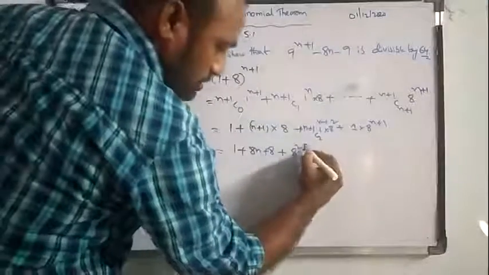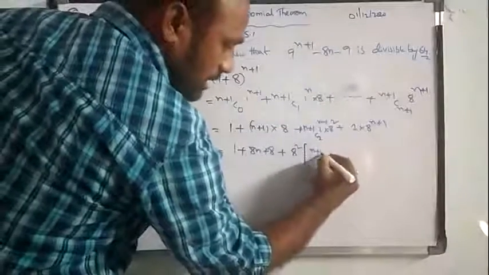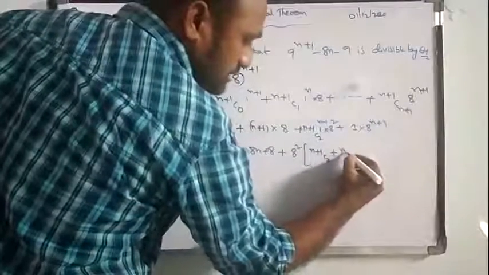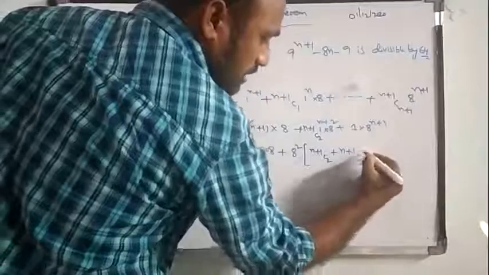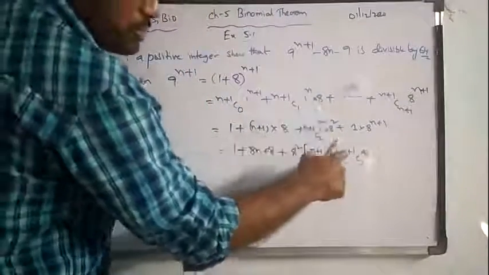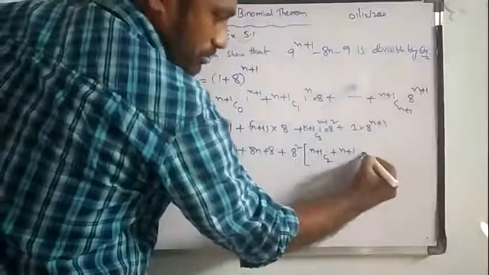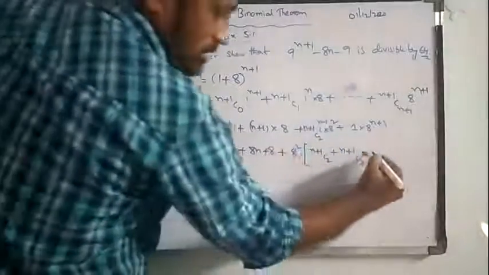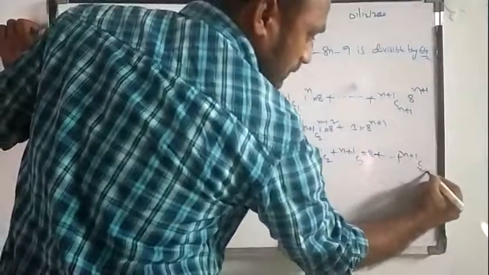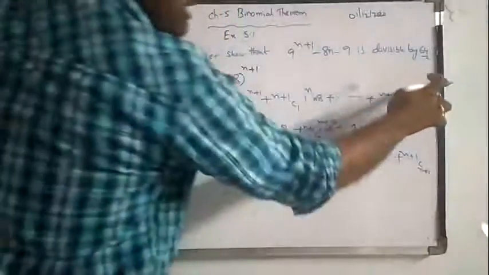So the left terms are (n plus 1)C2 into 1, next plus (n plus 1)C3 into 8. Why? Because 1 to the power of n minus 2 will be 1 only, into 8 cube. Already 8 square went out, so it will be 8, plus and so on plus (n plus 1)C(n plus 1) 8 to the power of n minus 1.